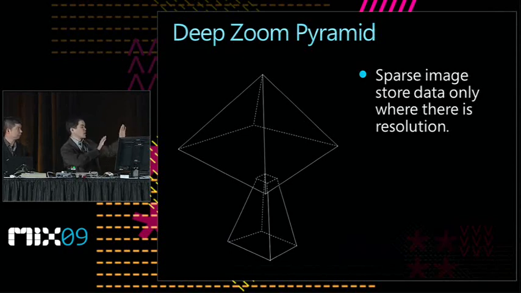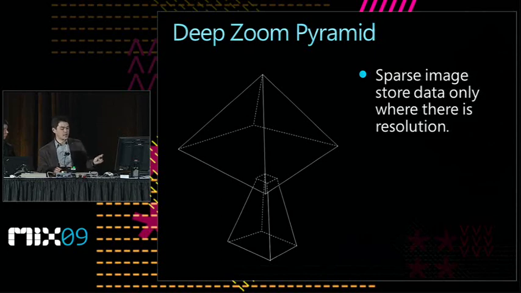But for other areas, we don't have to prepare any other resolution there. So we prepare only a pyramid-like structure in the Deep Zoom files. It is a huge reduction in the number of files and size of files.